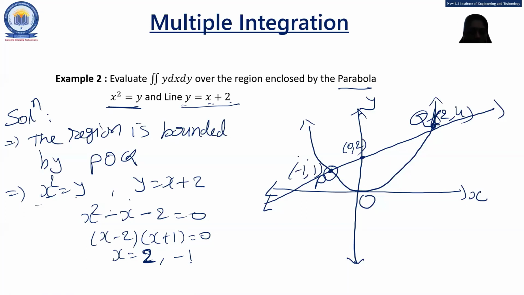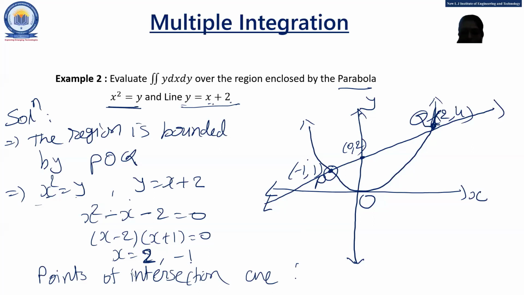So the points of intersection are 2 points. One is minus 1, 1 and the second one is 2, 4, right? This one is P point and this one is Q point.